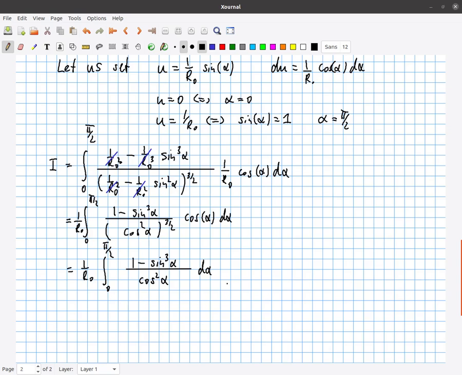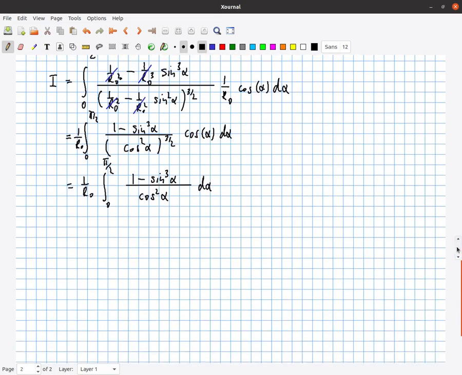At this point you have again a few different choices. You could, for instance, split this up into 1 over cos squared minus sine to the 3 over cos squared, and then integrate 1 over cos squared to give you tangent alpha, and then deal with this one separately.